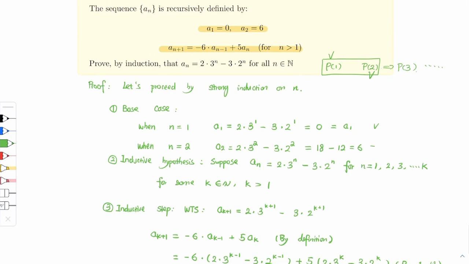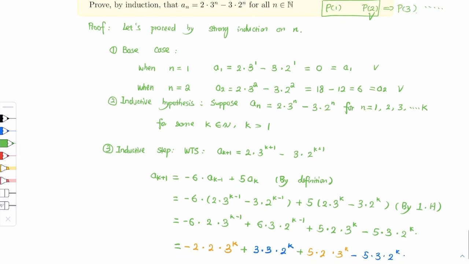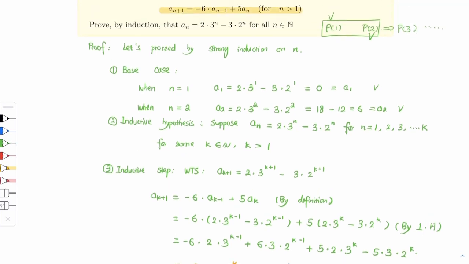And that equals the A2 that's given, so that's true. Okay, so now you see I explained why we need two base cases. Because for our inductive hypothesis here, you cannot show that P1 implies P2. So we need to check both P1 and P2 and use P2 implies P3 and so on. So that's why we need two base cases.